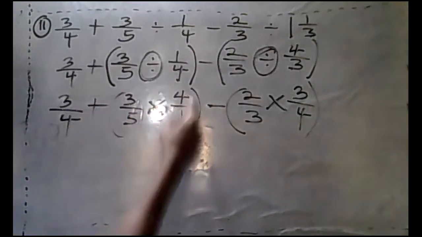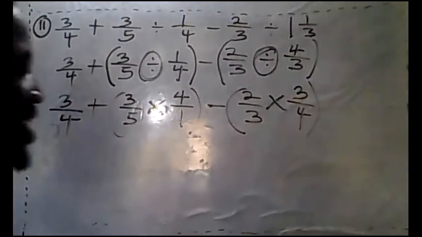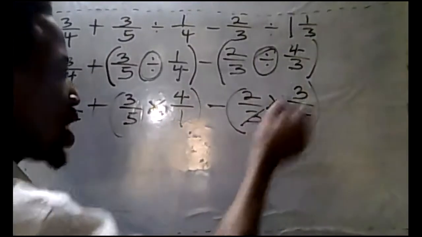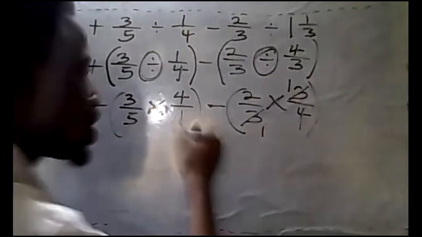Now, having done that, you can do the needful in the bracket. Look at this. Can anything divide? No, nothing can divide. Can anything divide here? Yes, 3 here, 1. So multiply out.